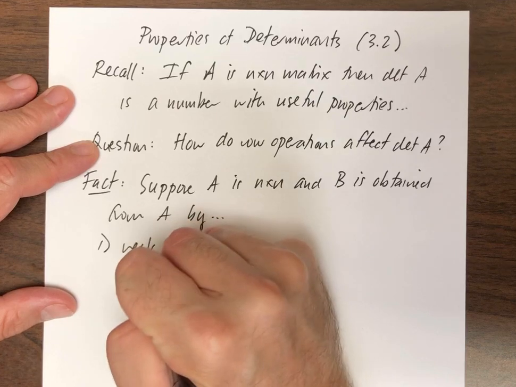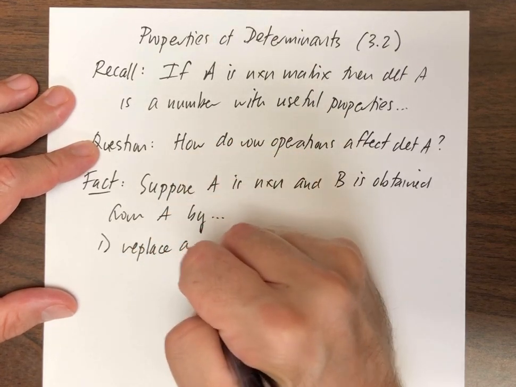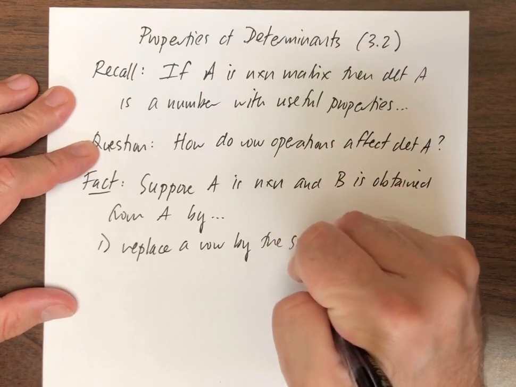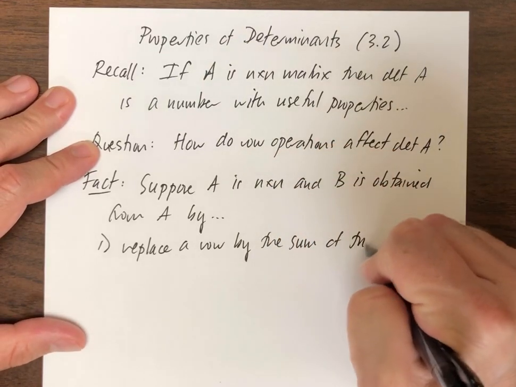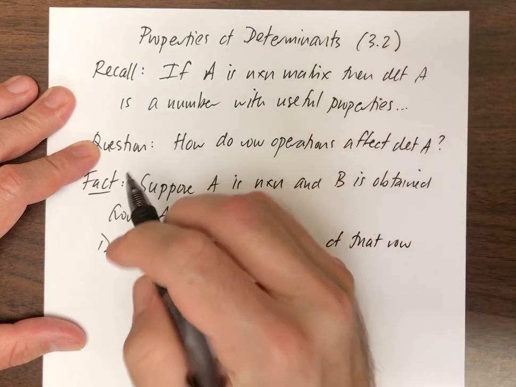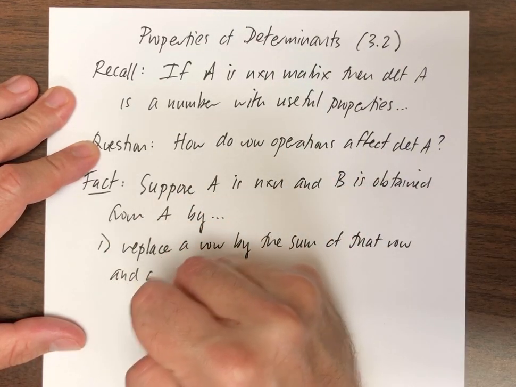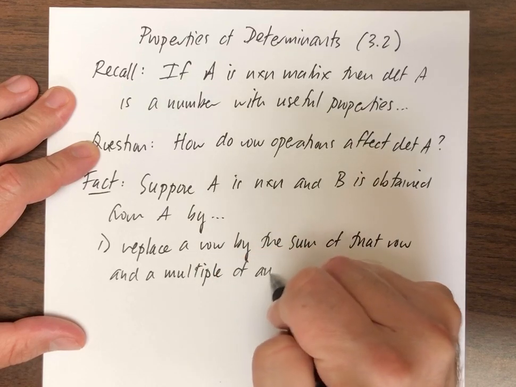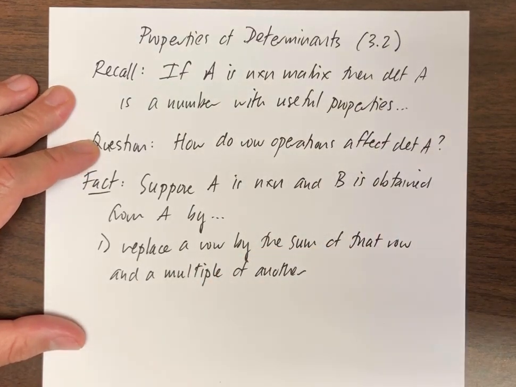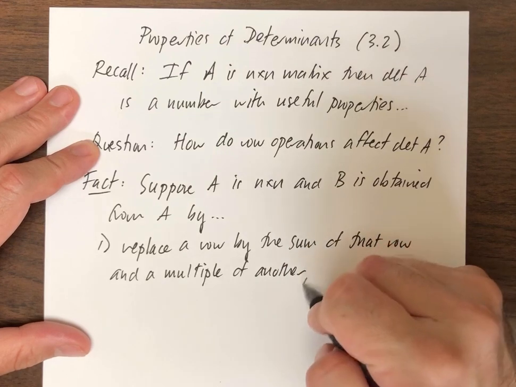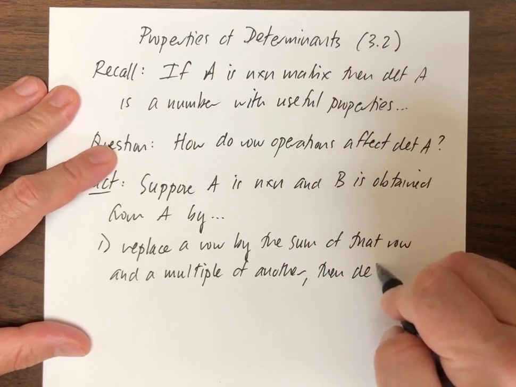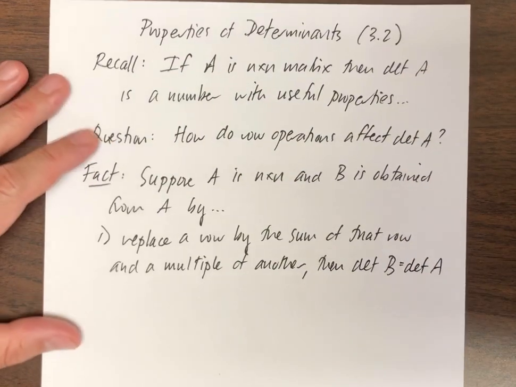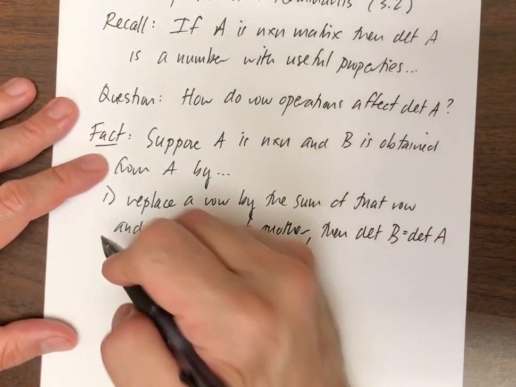We can replace a row by the sum of that row and a multiple of another. All right, so this is our kind of favorite row operation that we use to clear above and below pivots. Then it turns out that the determinant of this new thing is actually the same as what you started with. So it doesn't actually change the determinant. That's pretty nice to know.